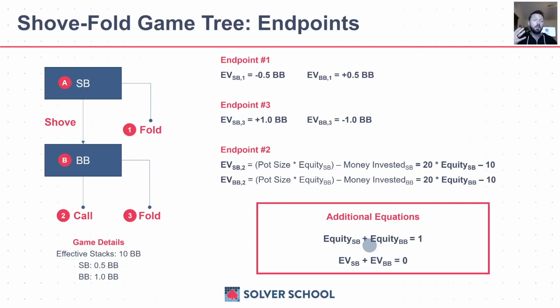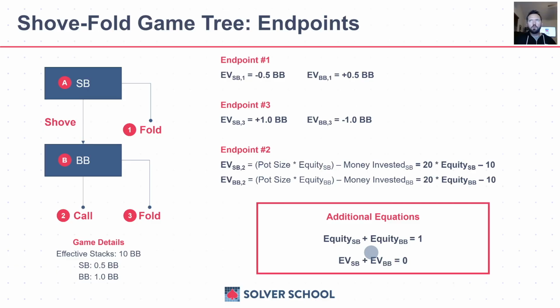Secondly is that the EV of the small blind and the big blind must add up to 0. Now, poker is a zero-sum game, and especially when there's no rake involved in this toy game, if one person makes money, it has to come from the other player. So the EV at any given endpoint throughout the game for each player is just the inverse of the other. If you were using a different reference point, so Tipton's for example, it would be that the EV of the small blind plus the EV of the big blind would equal the two stack sizes combined.